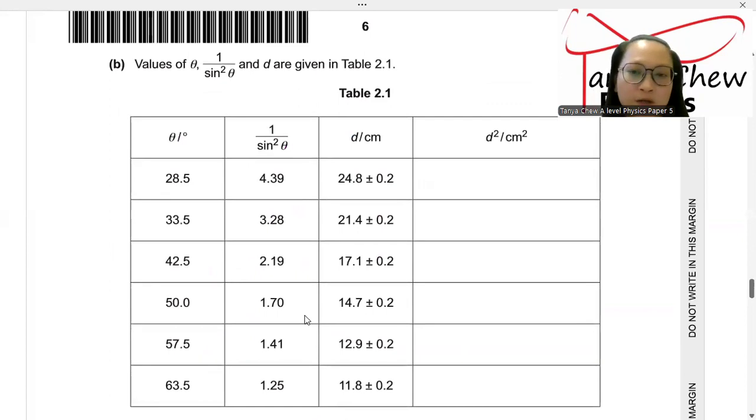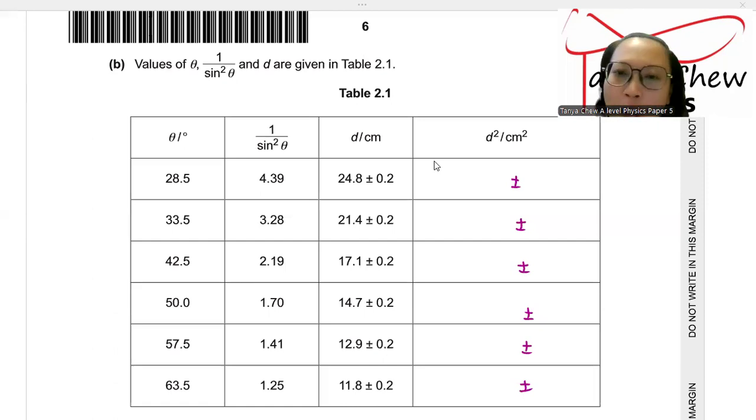Now, if you want everything to be easier for you, I am following the ones that you have learned in AS, where absolute uncertainty can only take one significant figure. So I'm going to put plus minus in between first. Everything plus minus first. First thing, calculate the absolute uncertainty of d squared.